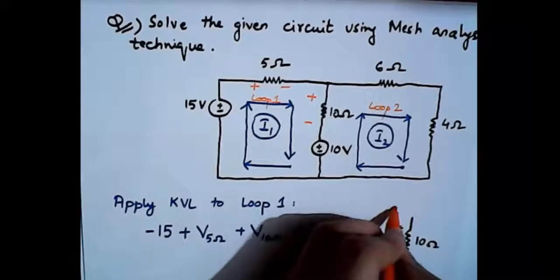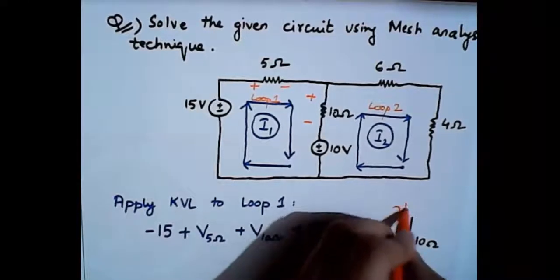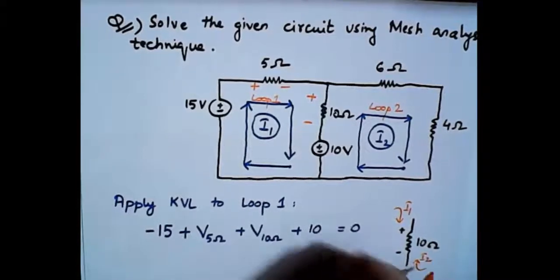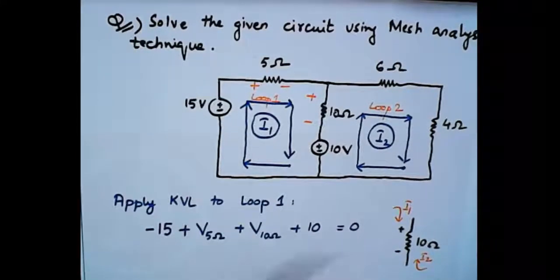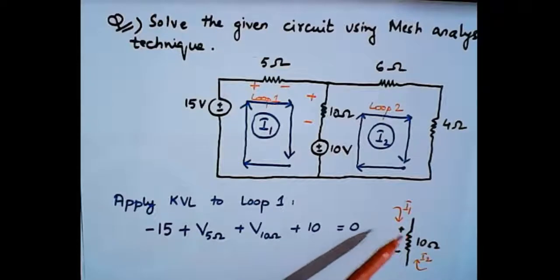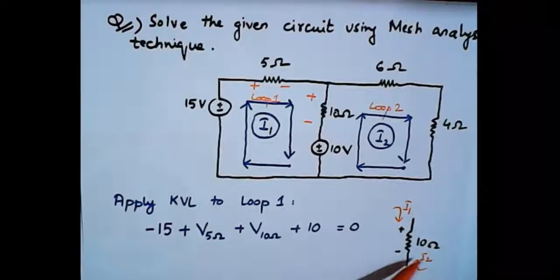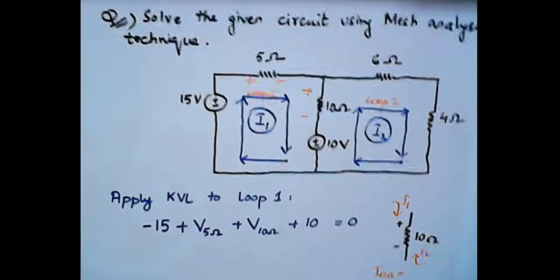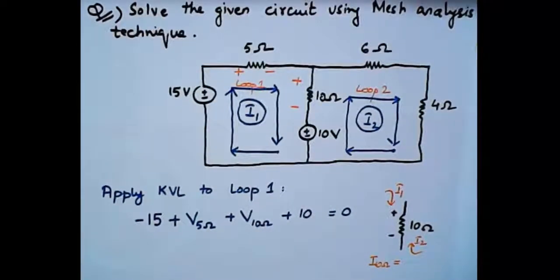I1 is in this direction and I2 is in this direction, right? Now one current is entering the positive terminal of the resistance and the next current I2 is entering the negative terminal, which means that the net current through the resistance will be the difference of these two currents.